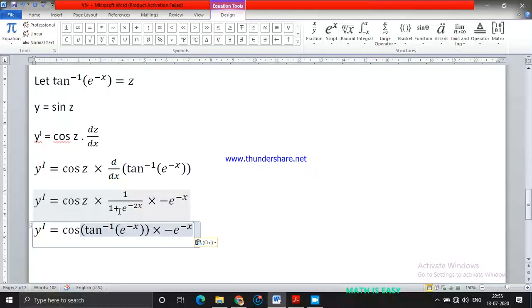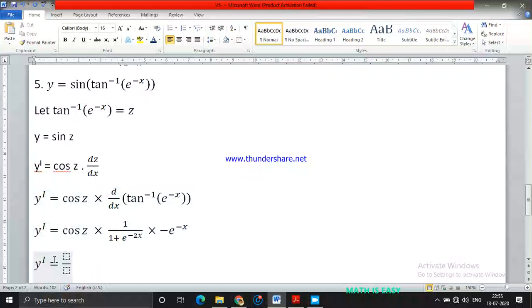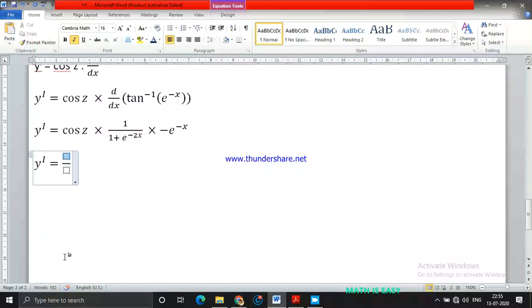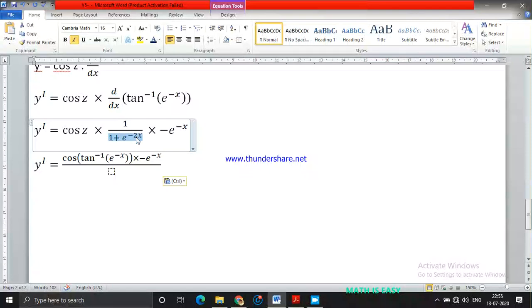Now the denominator is 1 plus e power minus 2x. So this is the final answer of that question.